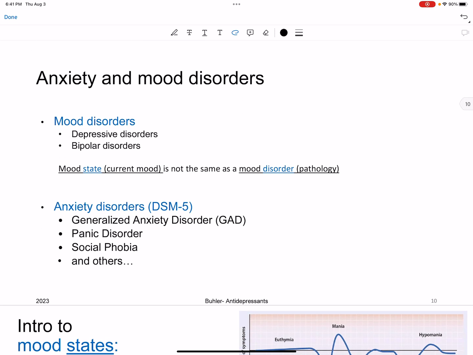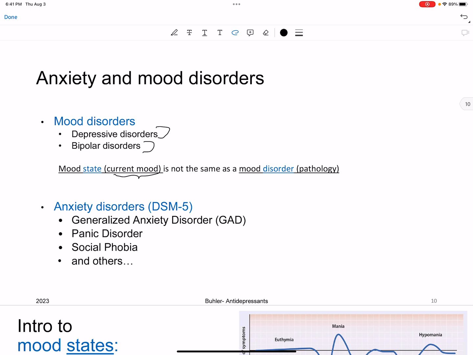So I mentioned that anxiety and mood disorders are what we're going to be talking about. We're going to start with mood disorders, which include depressive and bipolar. And we can say mood in a couple of different ways. We can say your mood state, which is what's your current mood? I'm happy, I'm sad, I'm frustrated. That's fine.